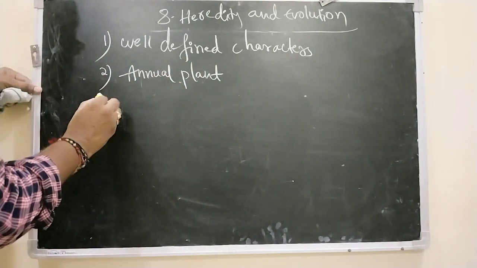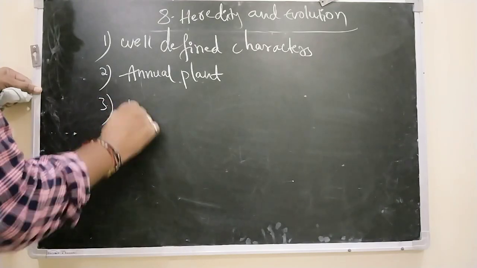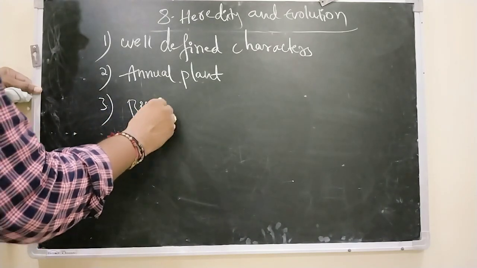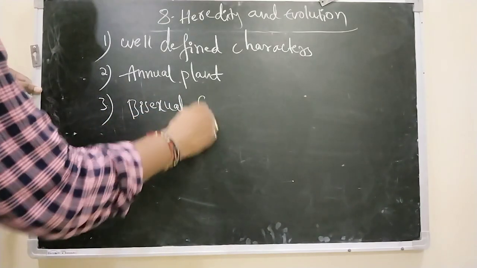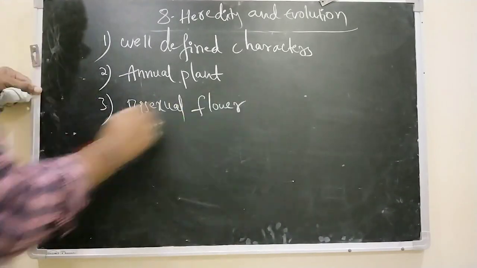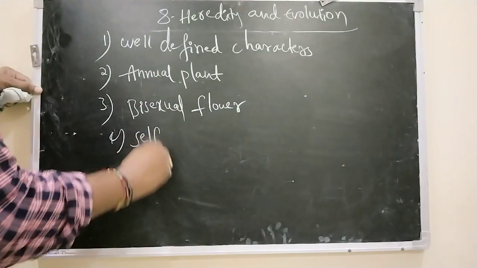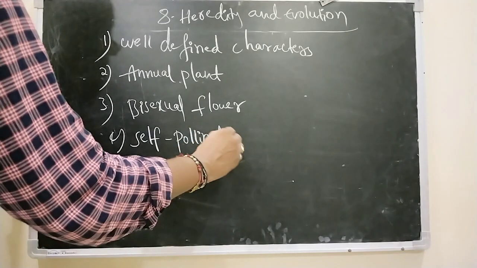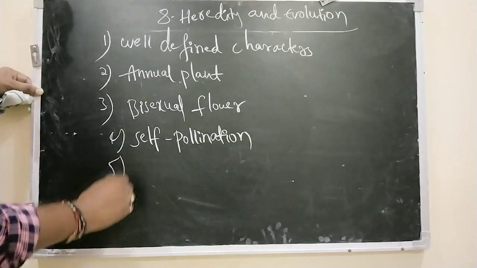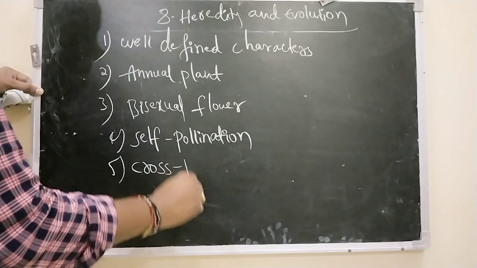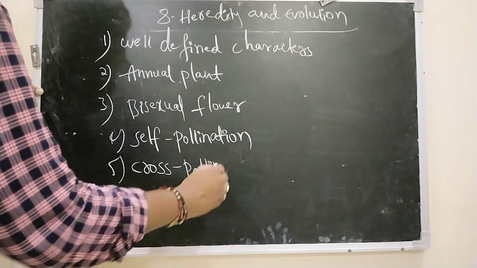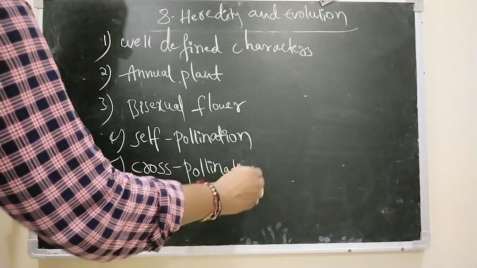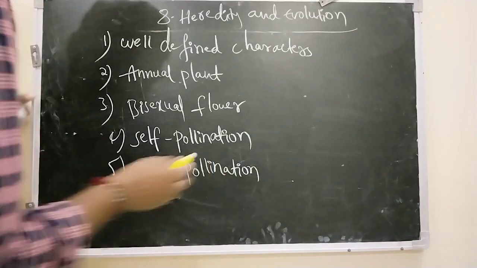It has bisexual flowers, means male and female reproductive parts are present in the same flower, so that it can perform self pollination, and also it can perform cross pollination. Because of all these reasons, Mendel selected pea plant as the experimental plant.